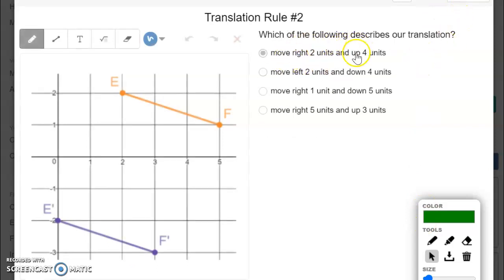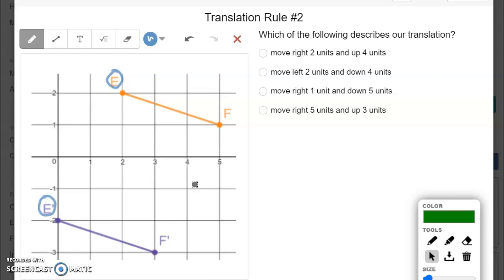And which of the following describes our translation? Okay, so look at the point here. E corresponds to E prime. These two match up. Okay, so then you need to be thinking about how did the point E become E prime?